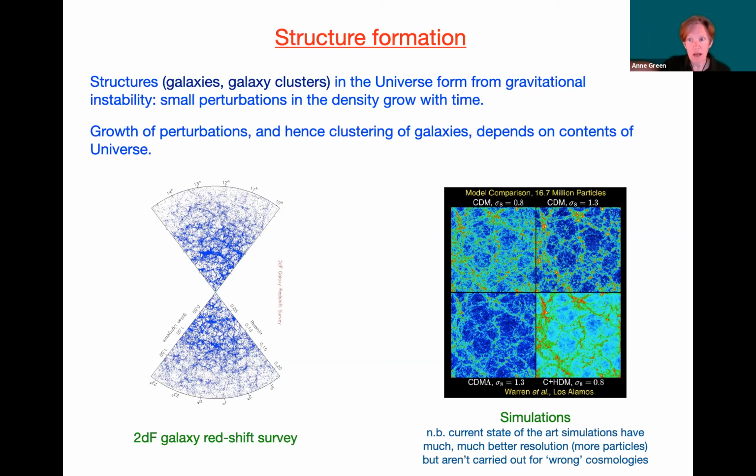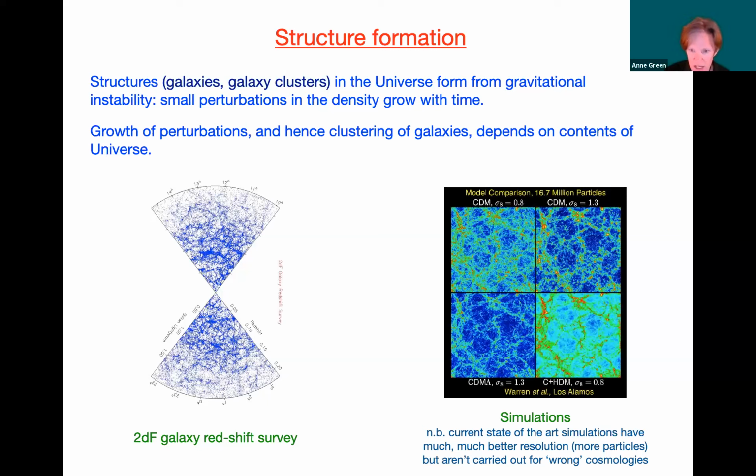So these are slices through a 3D cube, color-coded according to the density. Yellow regions are high density, blue regions are empty space. The top two panels are for a universe just made of cold dark matter.